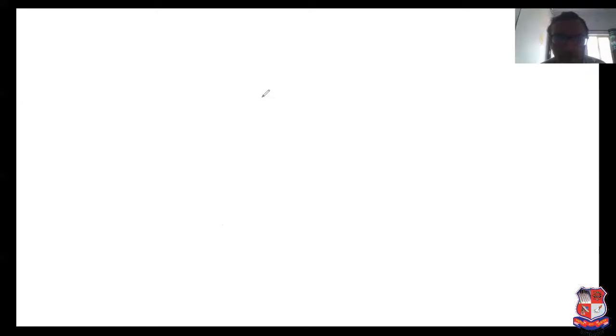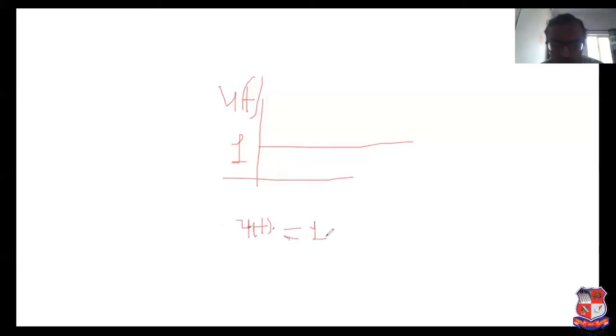Now, unit step signal. Unit step signal means what? Here u of t, so here amplitude is 1. So u of t is equal to 1 for t greater than or equal to 0, and for t less than 0, it is equal to 0.